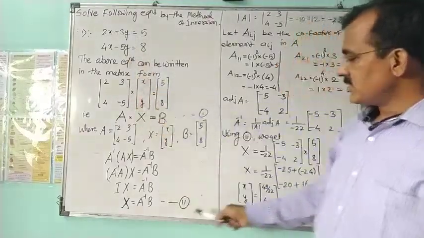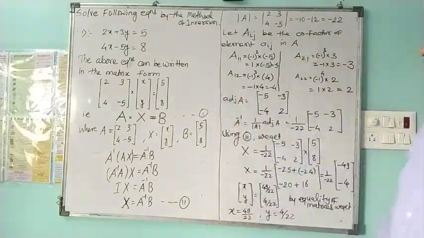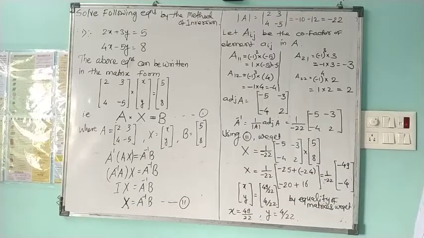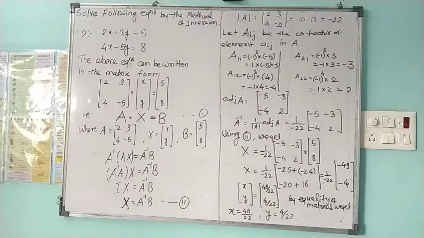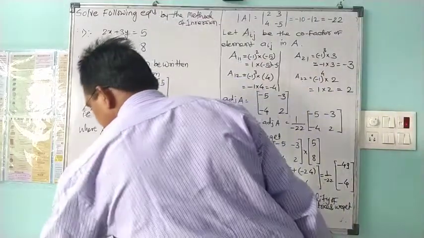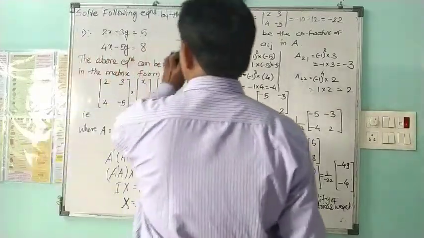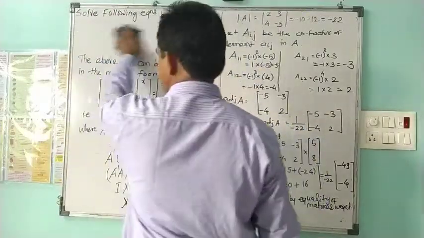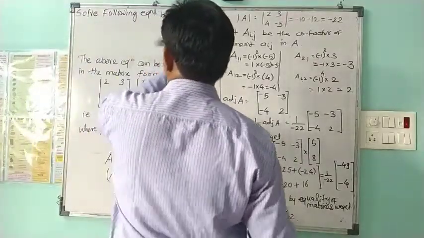So this is the first example containing two equations and two variables. Now we are using the same method when the number of equations is 3 and there are 3 variables along with the equations.